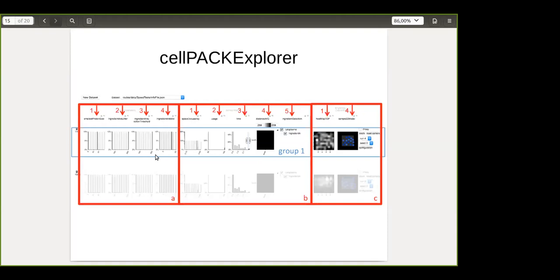There are some light gray and some dark gray bars. The dark grays are the ones that are active in that row, and the lighter gray is just the global values for all the runs of that experiment to provide context. On the rightmost side, box C, we can here see some randomly chosen output that is active in that row.